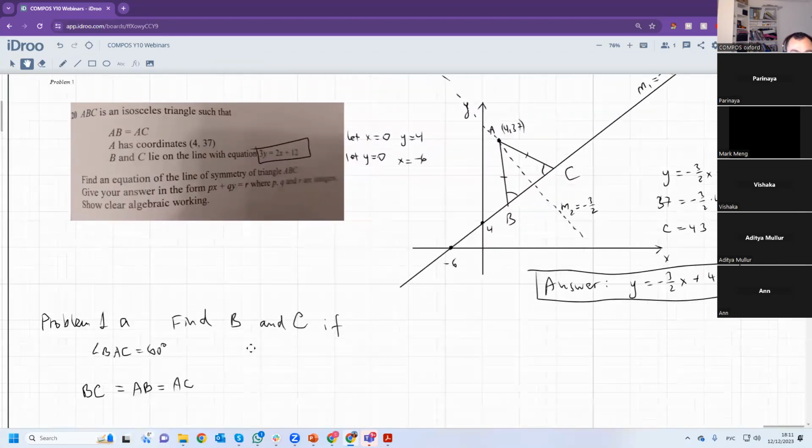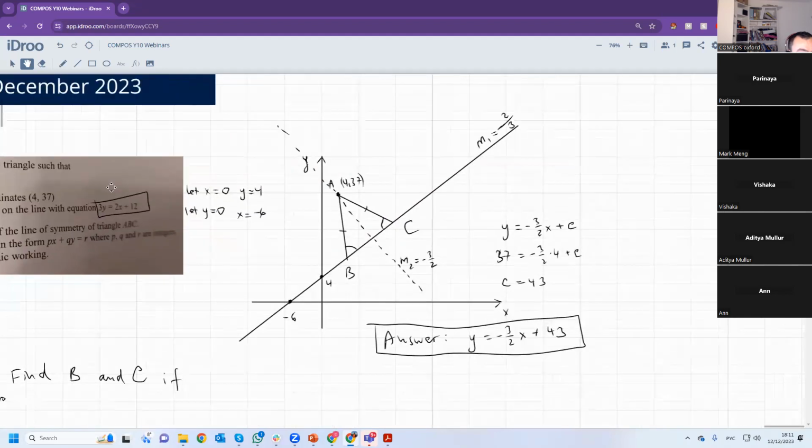So let's find the coordinates of C, and we'll write it down as x, comma, and then because it's on this line, it's... oh, okay, I'm lying.